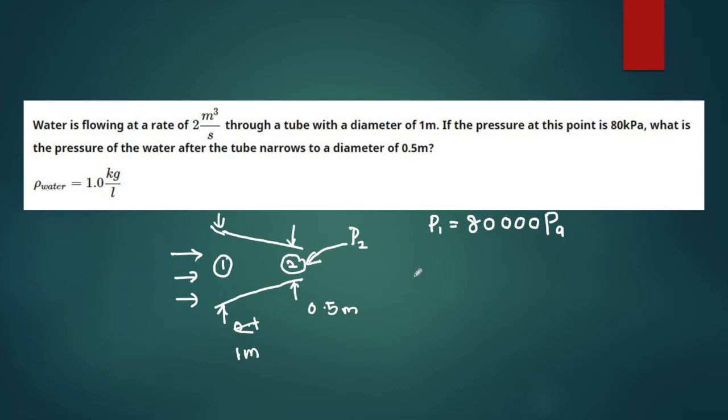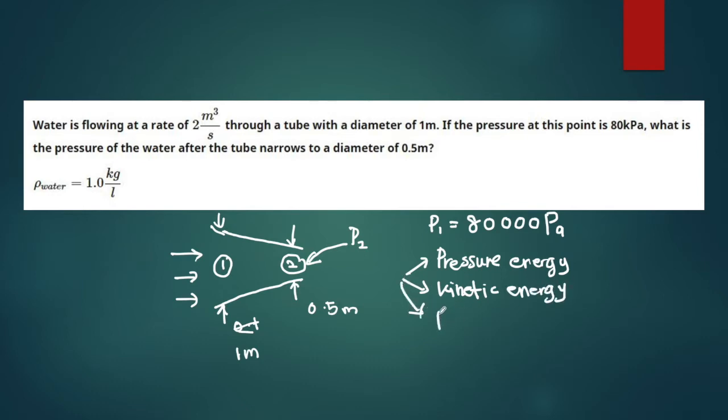So we know that in Bernoulli's equation, we have 3 different energy terms. One is pressure energy, second is kinetic energy, and third is potential energy.